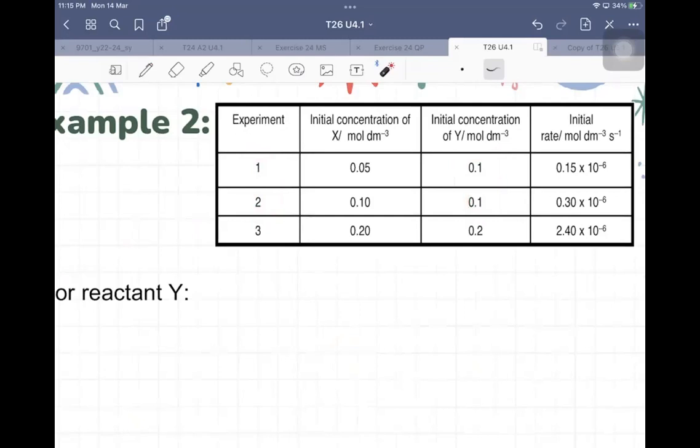You can either take 1 and 3, but for experiments 1 and 3, both the concentrations of Y and X are changing. For experiments 2 and 3, same thing: the concentration of X is changing and the concentration of Y is changing as well.